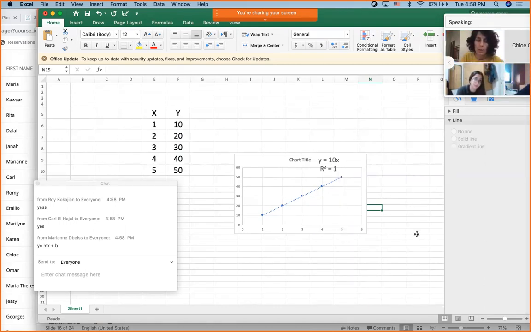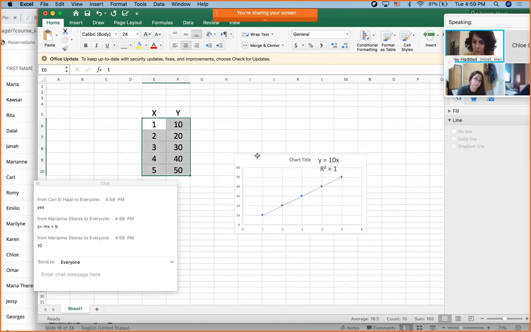What's the slope? Anyone else? Karen? Okay, 10. Yes, exactly. So 10 is the slope. I don't have any units in here because x and y were not given units. My bad. You see the r squared value is equal to 1 because this is super linear.